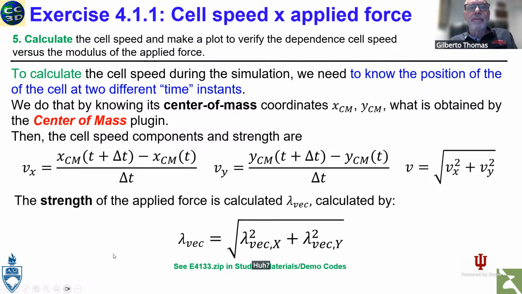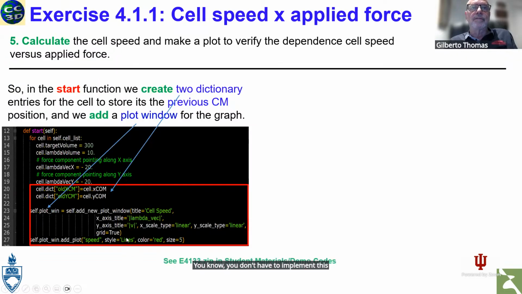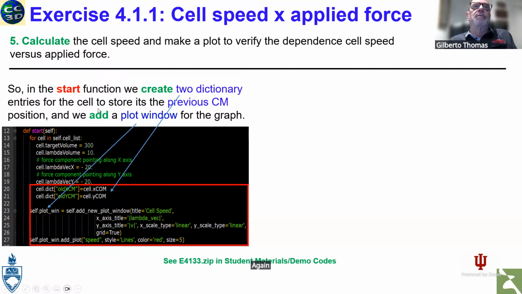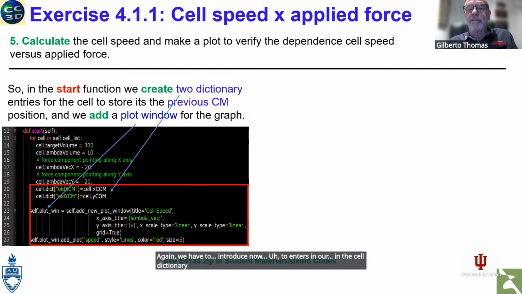And now you have to implement this in the code. This is a little bit complicated. Again, we have to introduce now entries in the cell dictionary. Remember the cell dictionary that Pedro commented on yesterday?